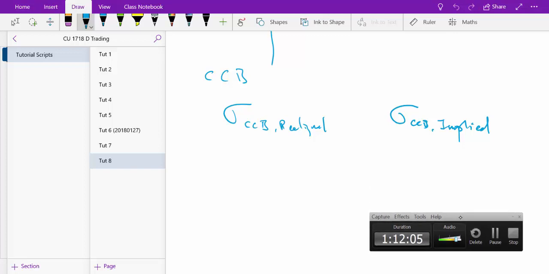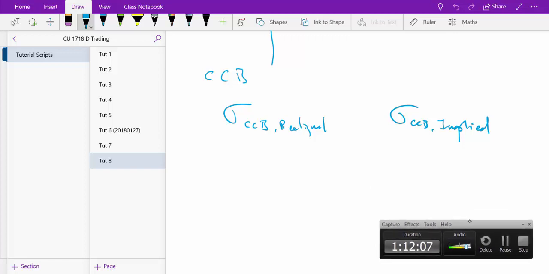Now with these two volatilities, you can price options. You can price options on CCB. So the volatility refers to the price dispersion of the stock price. You don't have a volatility for the stocks and then a different volatility for the options. That's the wrong concept, okay?